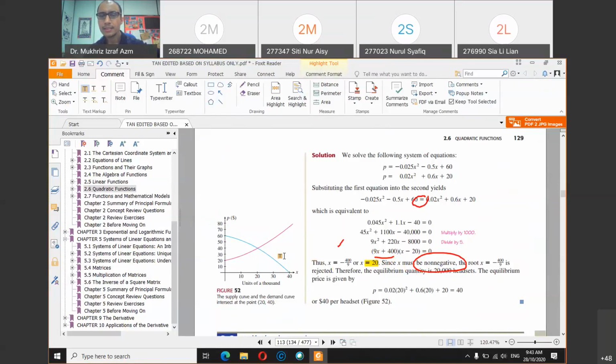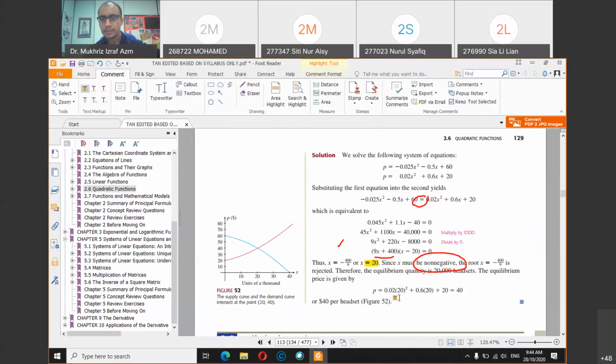Usually when you are dealing with a graph like this, you only have one solution, meaning one equilibrium quantity and price. As you see here, one is negative from this component and one is positive, so you don't use the negative solution, negative 400/9. You only use the positive, which is x equals 20.